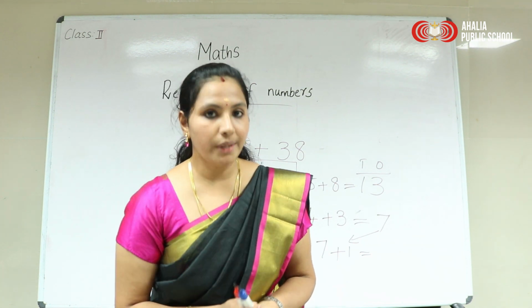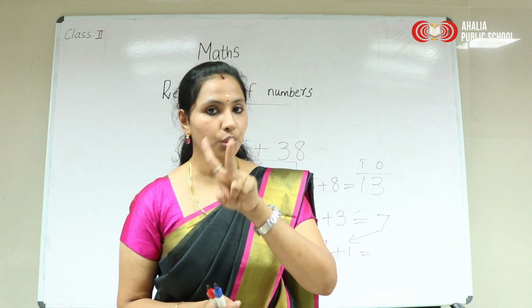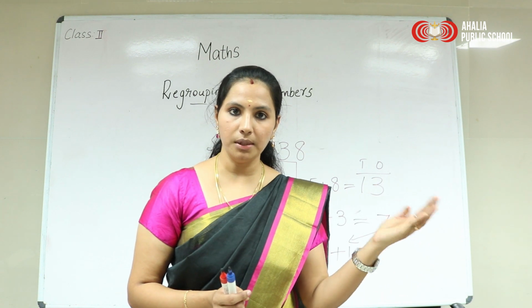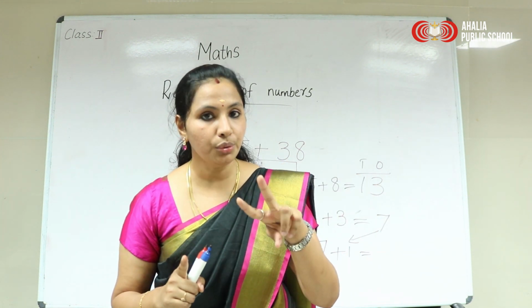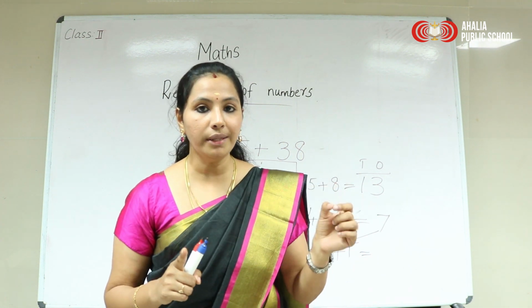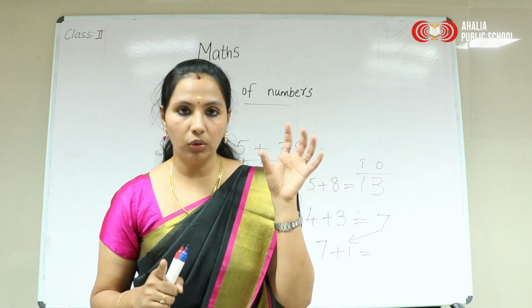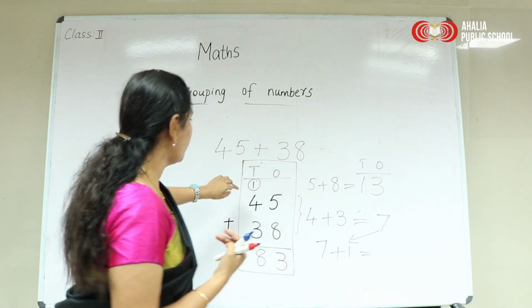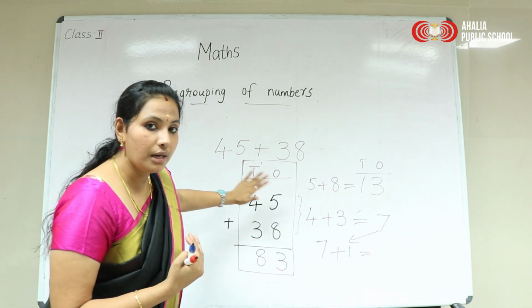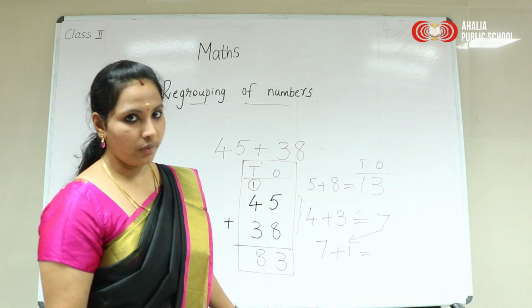Okay, so in today's class what have you learned? 2 topics. Regrouping of numbers from ones to tens and also addition of 2-digit numbers with regrouping. Regrouping means we carry forward the number. Carry forward. The extra number is called what? The shifted number. Carry forward.